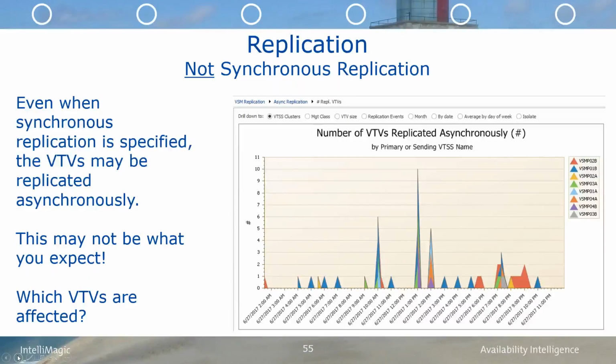In this particular instance, they found out why. The synchronous links were down, so the VTVs that were in transit did not get replicated synchronously and reverted to async. So this was a clear example of looking at your replication data and seeing that you have a physical problem with synchronous links.